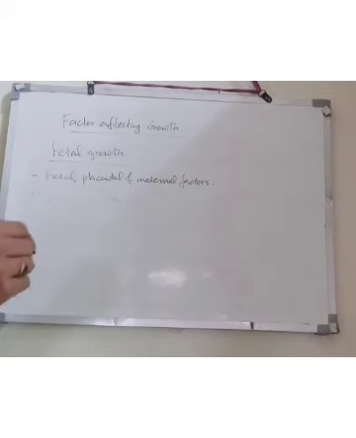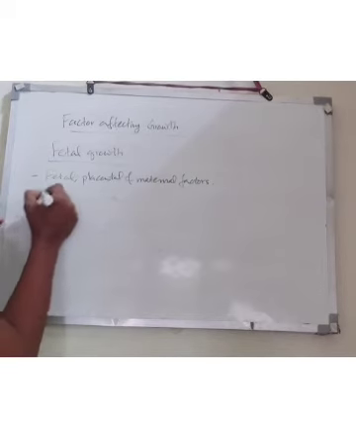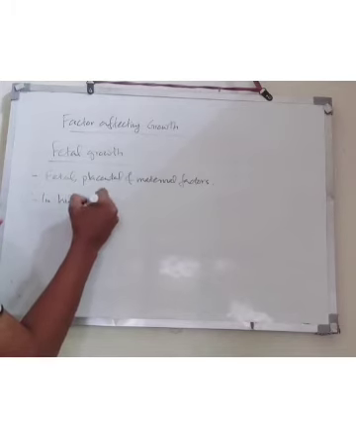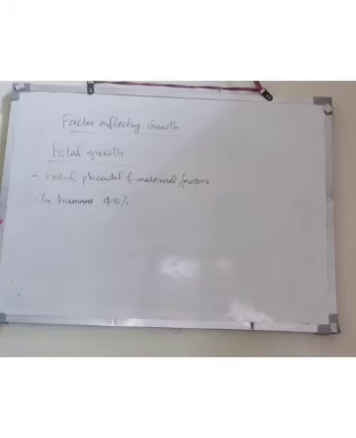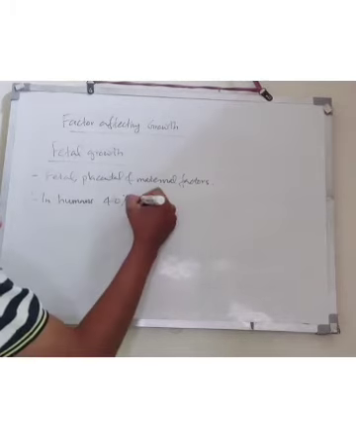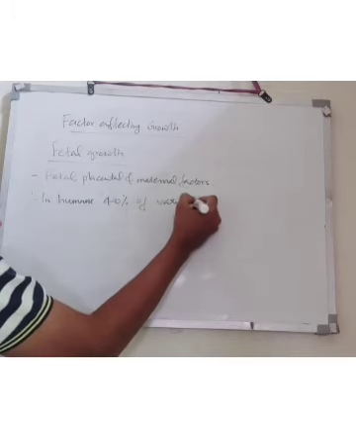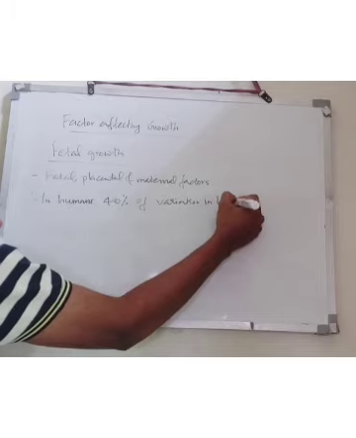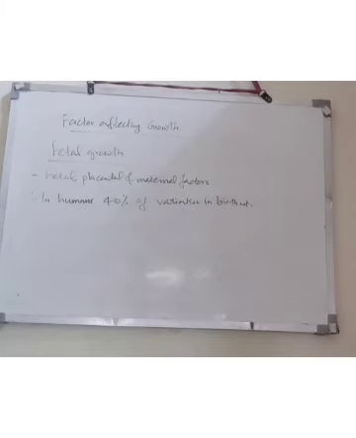In humans, 40% of the variation in birth weight is due to genetic factors, the heritable factors from the mother, father, grandfather, grandmother.